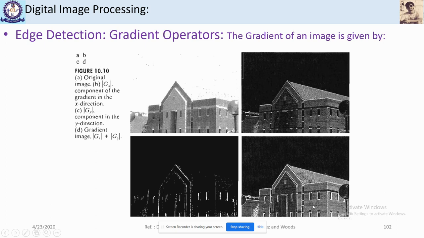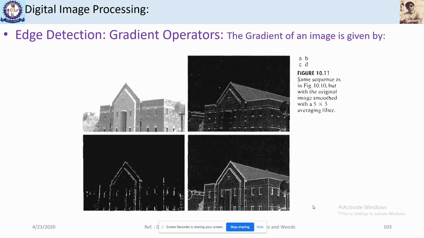So for that, what is done is the same image is taken, and first a 5 cross 5 smoothing filter is used over this image. So this image is smoothed by using a 5 cross 5 averaging filter, and after that the x gradient and y gradient are computed, and then their absolute values are added.